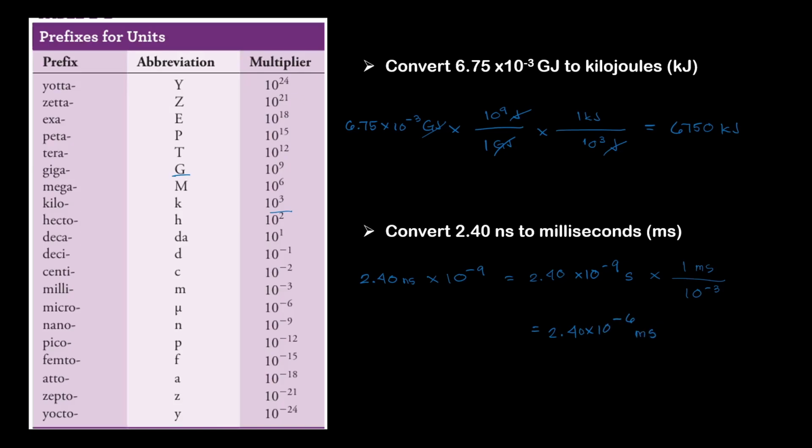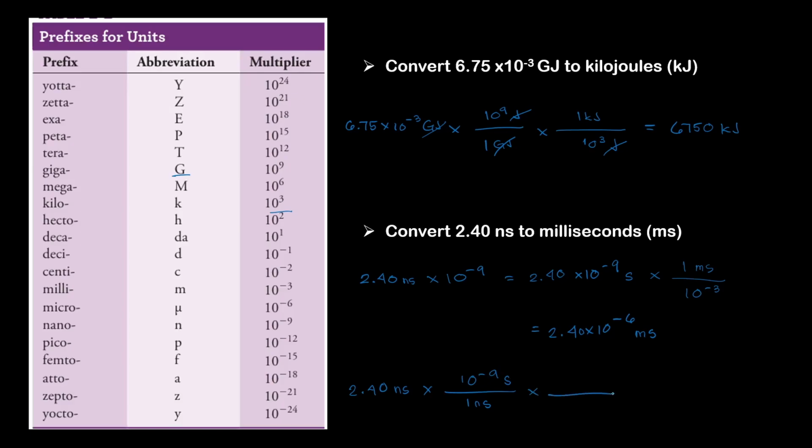So what is the concept here? First, converting nanoseconds to seconds, we simply multiply. But from seconds to milliseconds, we divide. So in this case, I think dimensional analysis is much easier to understand, right? Through dimensional analysis, we can write it like this: 2.40 nanoseconds times, 1 nanosecond is 10 to the negative 9 seconds.